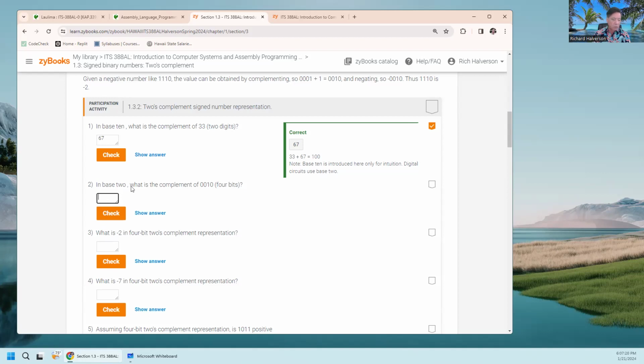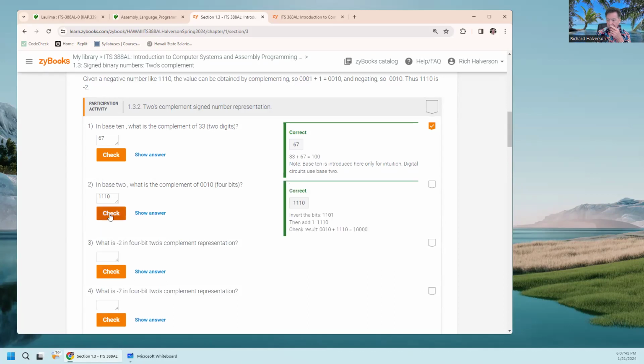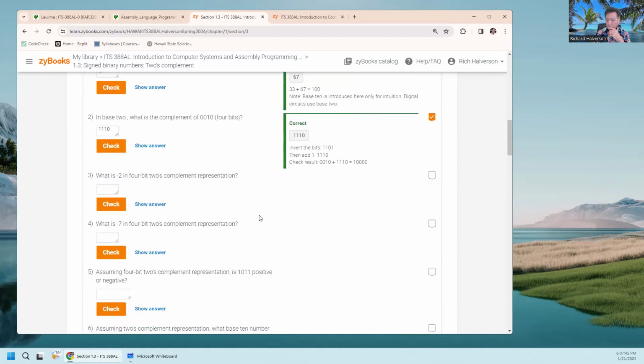Well, we start out by making it 1, 1, 0, 0. That's just inverting all the bits, and then we add 1 to it, and adding 1 makes it 1, 1, 0, 1. So if we check that, we see that it's right. First we invert the bits and then we add 1 to it.